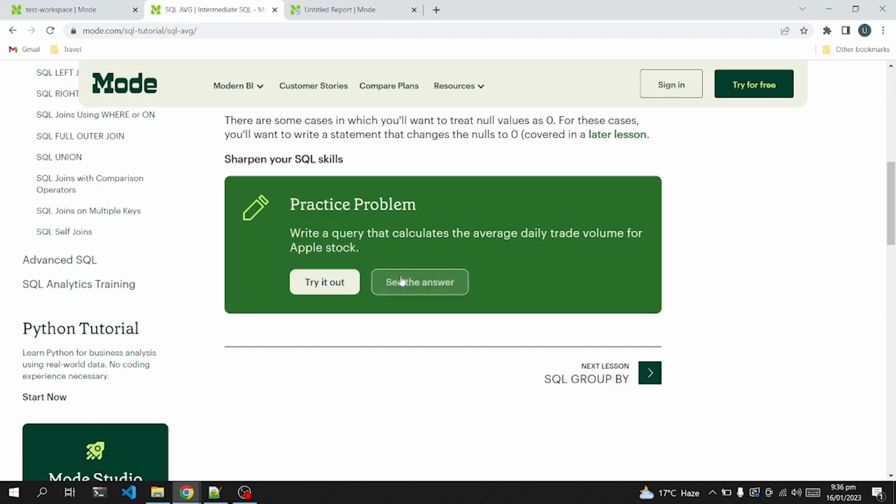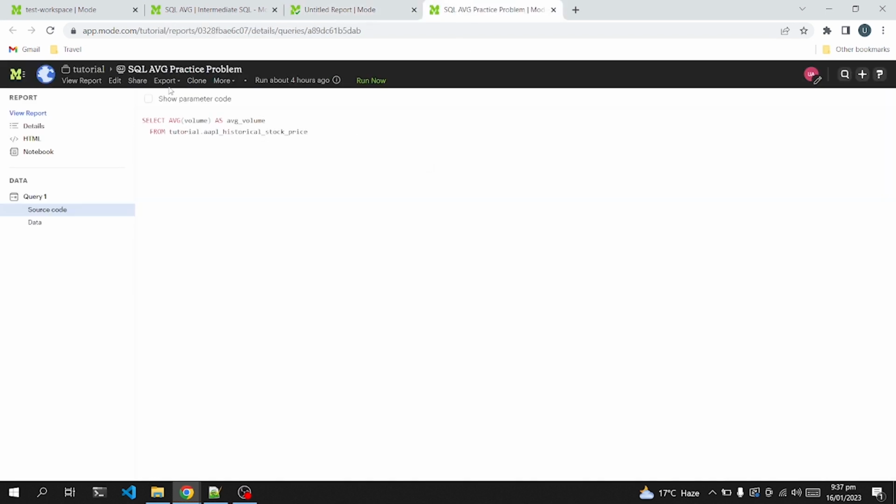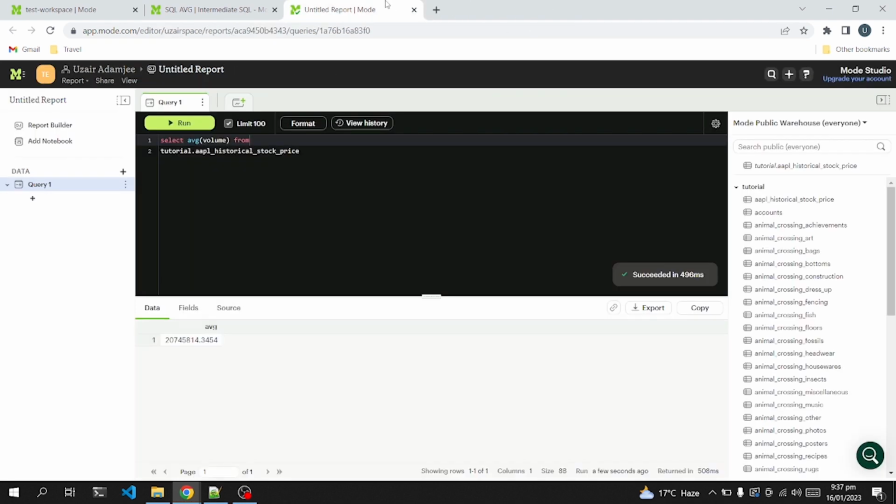Let's run it and check the answer. So yes, we have written the correct statement. The slight difference is that they have used an alias for this average volume, but we have written the correct statement.